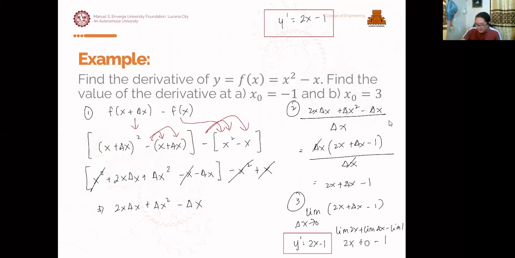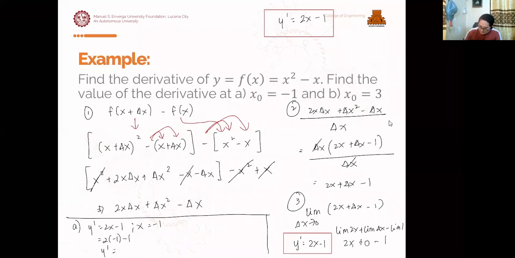Okay. Yung next question is, ano daw yung magiging value kapag x sub 0 is negative 1 and x sub 0 is 3? So, gagawin nyo lang, isa-substitute nyo lang yung value dun sa na-calculate natin na equation. Okay? Kay A, derivative is equals to 2x minus 1. So, substitute natin, si x is equals to negative 1. So, this will be 2 times negative 1 minus 1.